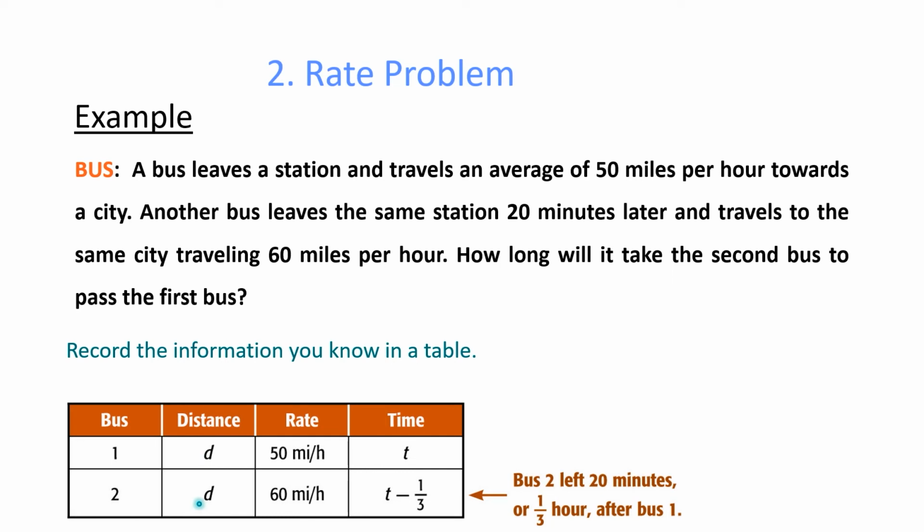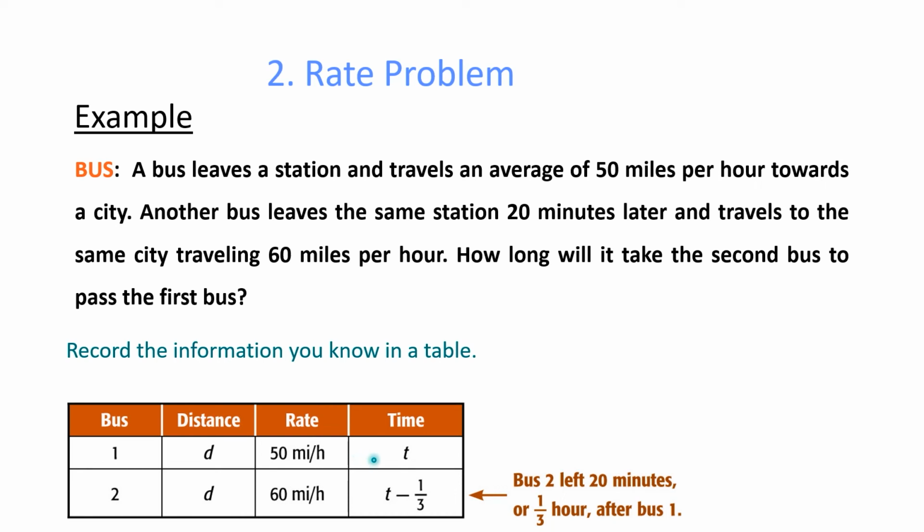Next, we have to record the speed of the buses. Here we can see that the first bus traveled at a speed of 50 miles per hour and the second bus traveled at a speed of 60 miles per hour. This information is recorded in the third column. And finally, we have to enter the time.